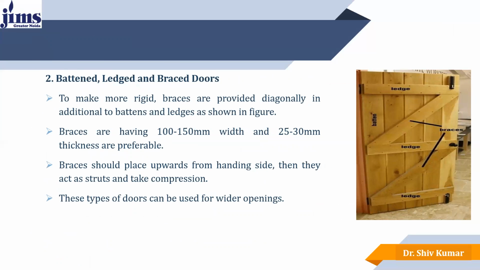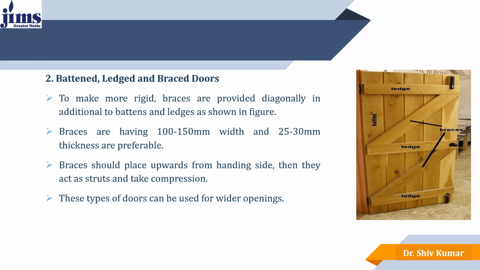The next is the batten, ledge, and brace door. As shown in the figure, you have seen the batten and ledge in the previous image, but here there is this diagonal strip, which is known as brace or braces. To make it more rigid, braces are provided diagonally in addition to the batten and ledge, as shown in the figure.